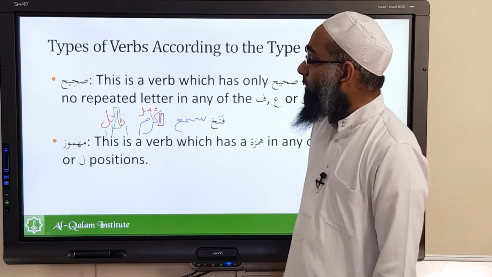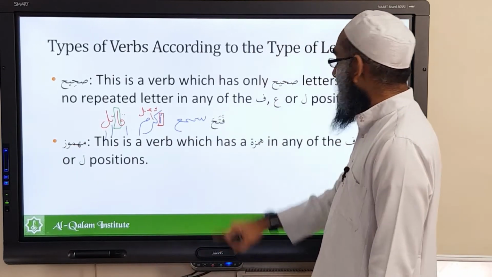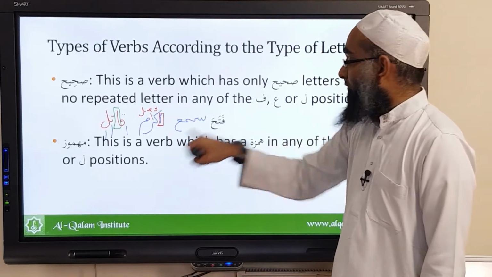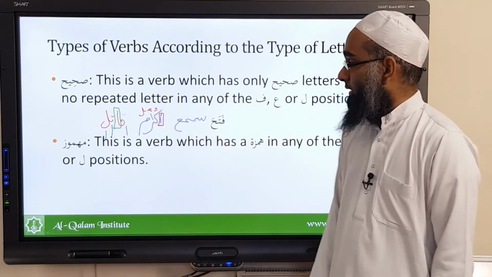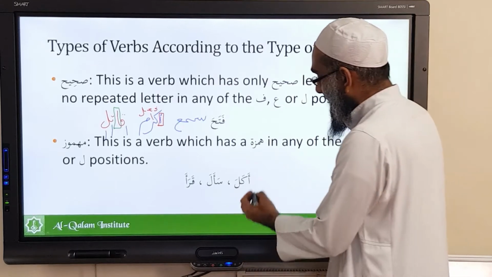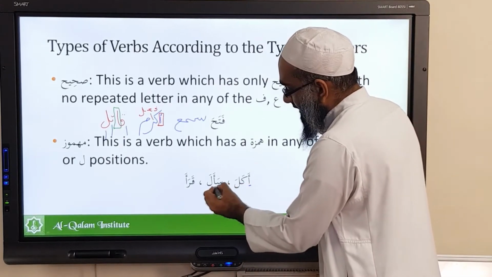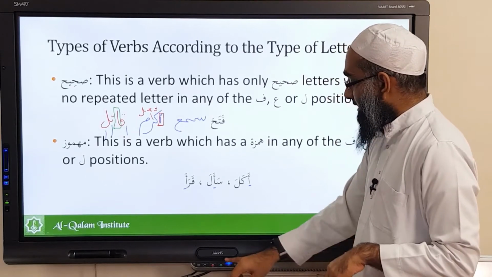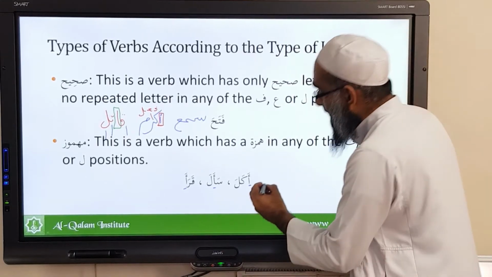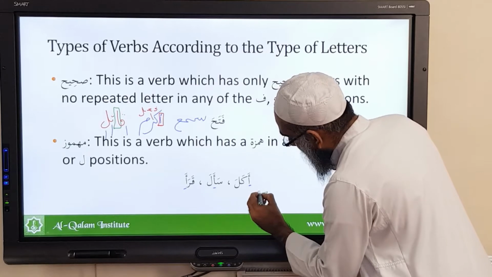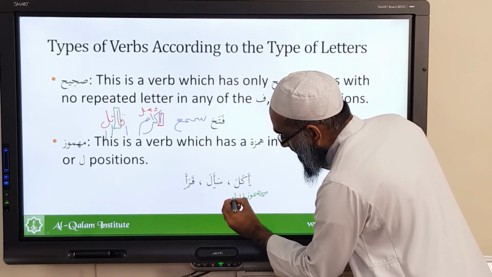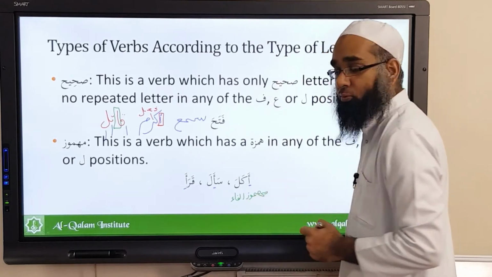Right. Moving on. Mahmuz. This is a verb which has what in it? A hamza in either the fa, ain, or lam positions. It's very important to remember that in the fa, ain, and lam, the extra hamza does not affect it. For example, akala. Where's the hamza coming? It's coming here. So if the hamza comes in the fa position, you call it mahmuzul fa.